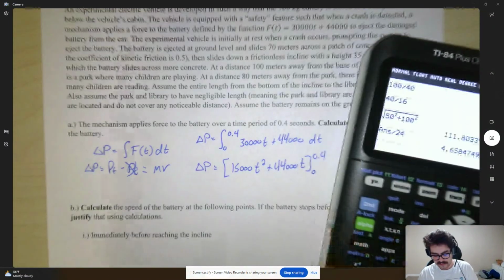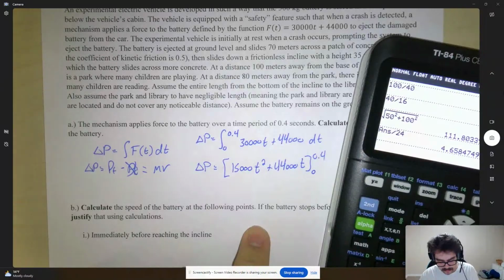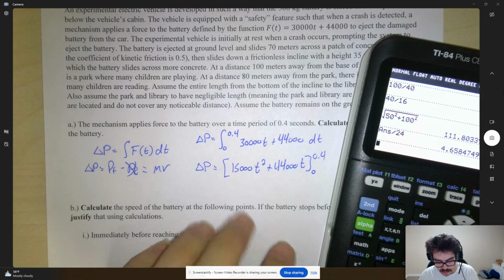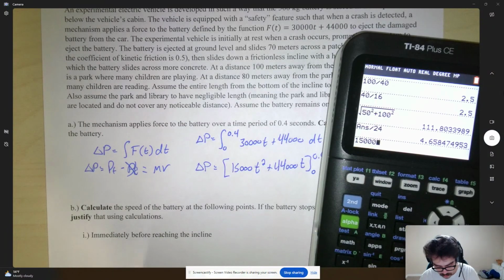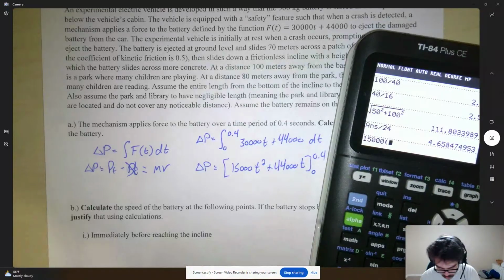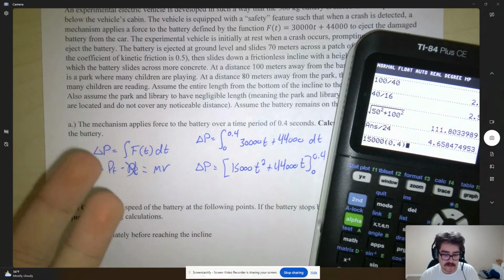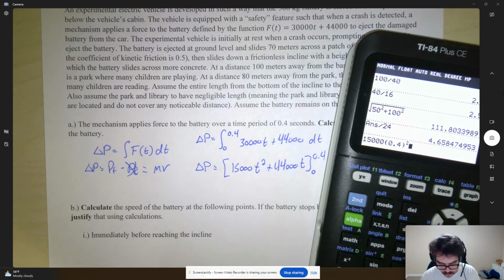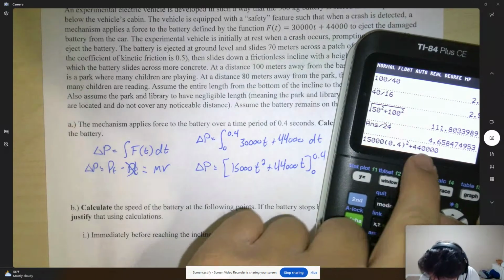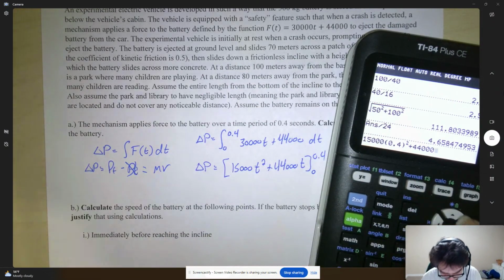Now, the issue with this is that this is not going to be a very pretty expression to work with, so you would probably just punch this into your calculator, 15,000 times 0.4 squared. On the bright side, the 0 term is going to make this whole thing 0. So I really can just do 44,000, I got an extra 0 there, times 0.4.